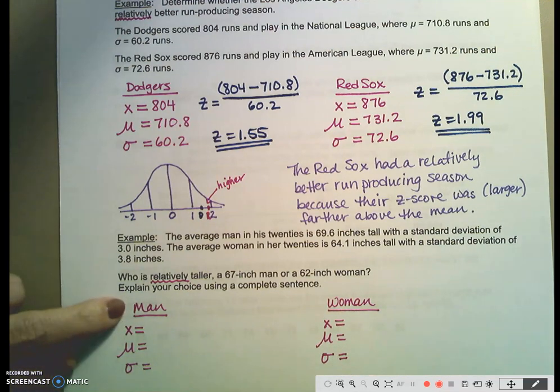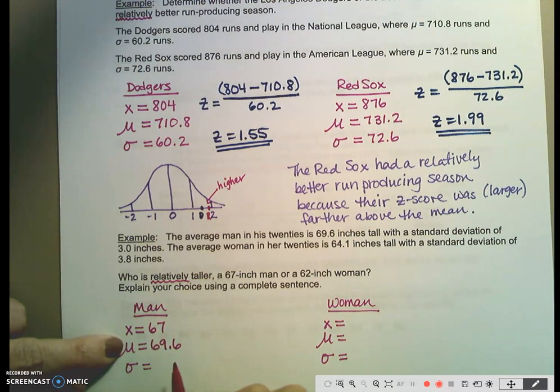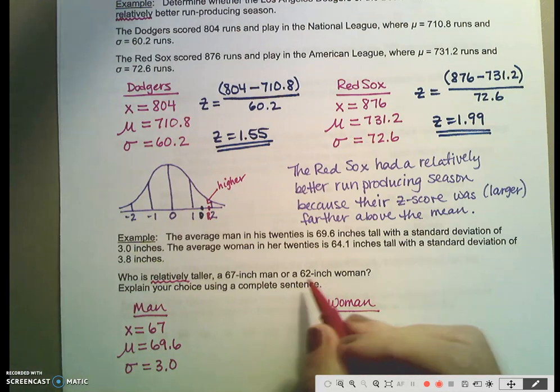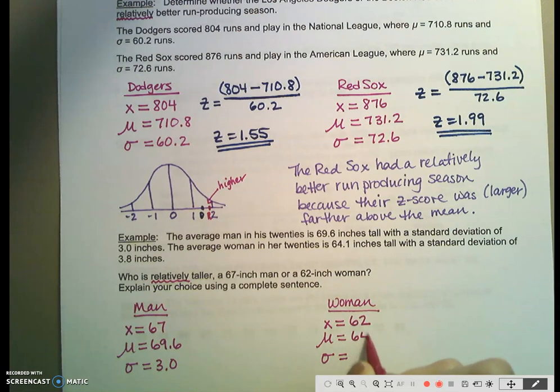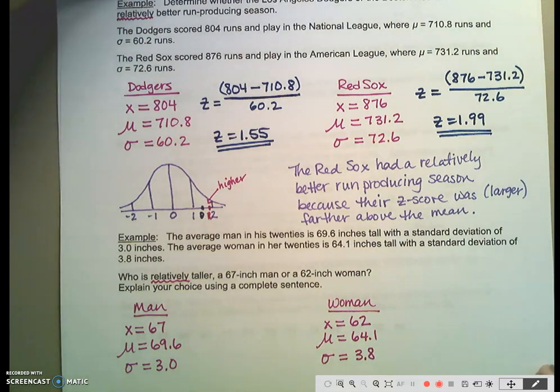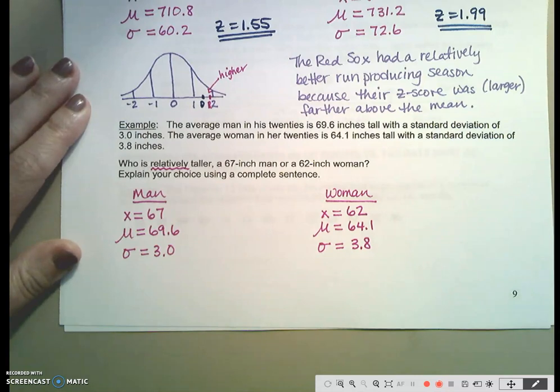So it's a 67-inch man, so he's 67 inches tall, that's like 5'7". Mean is 69.6, standard deviation 3.0. So you can see he's shorter than the average, so his z-score is going to be negative. The woman is 62 inches, average is 64.1, standard deviation 3.8. You can see she's also below average, shorter than average.